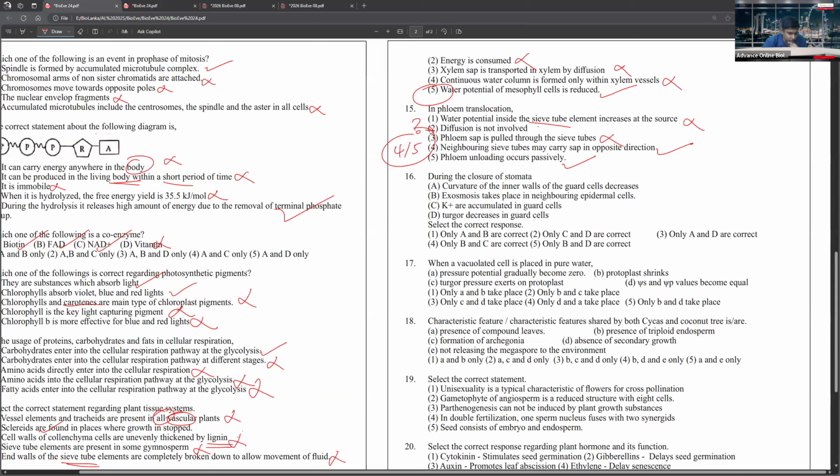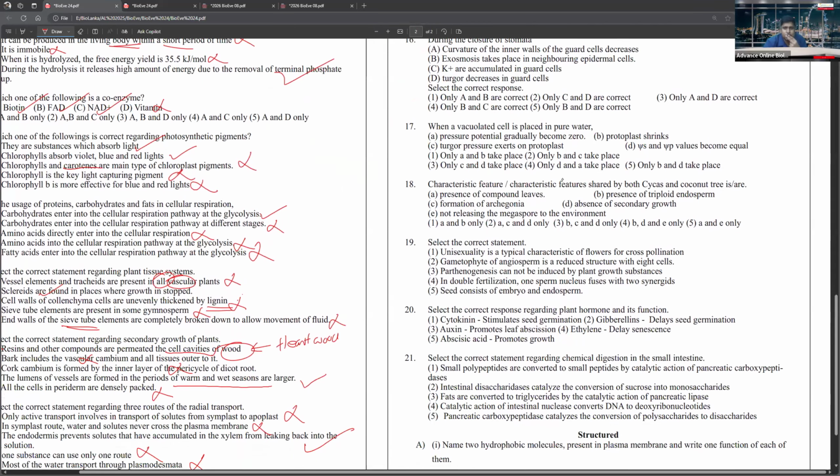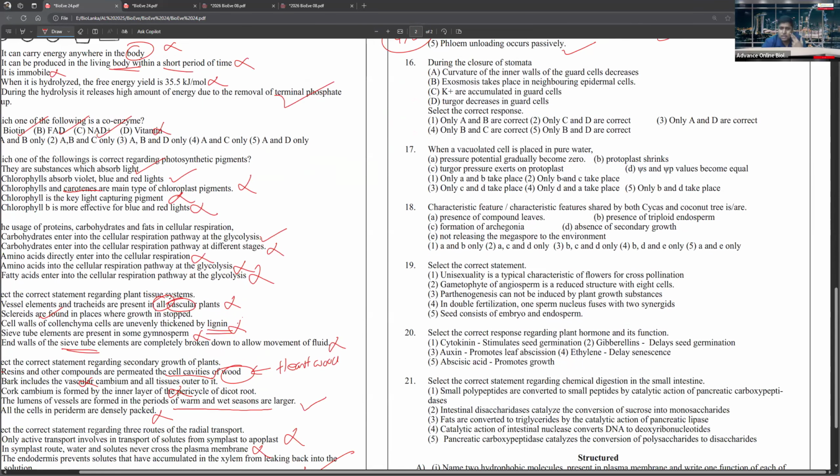Question number 16. During the closure of stomata, you have to select the correct response, correct order. Can you all mark the answers? During the closure of the stomata, curvature of the inner wall of the guard cells decrease.